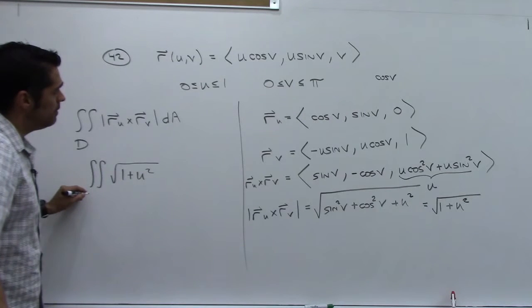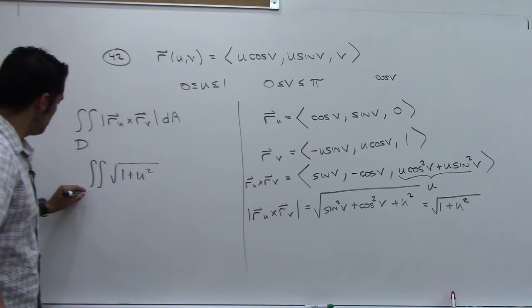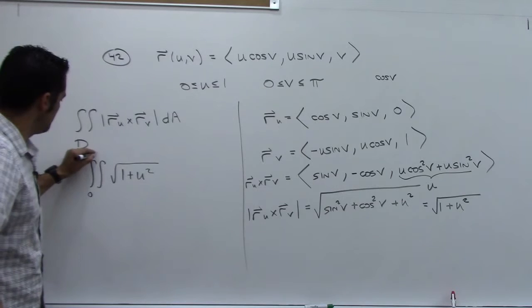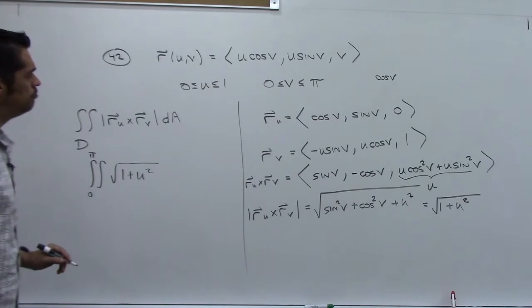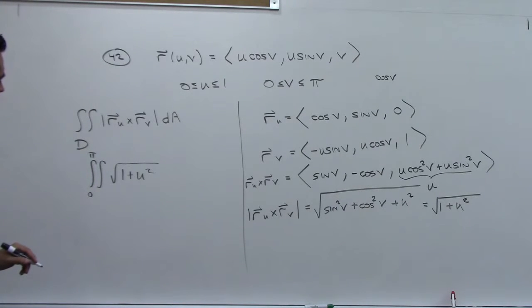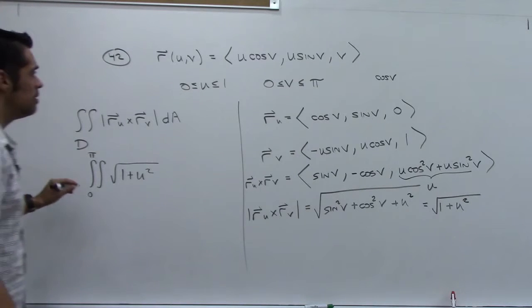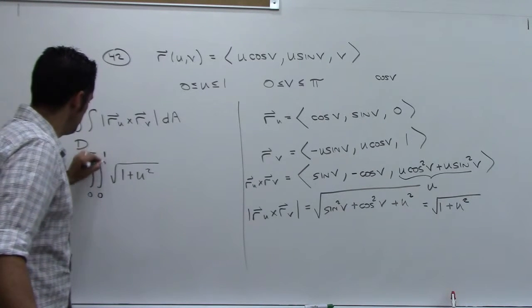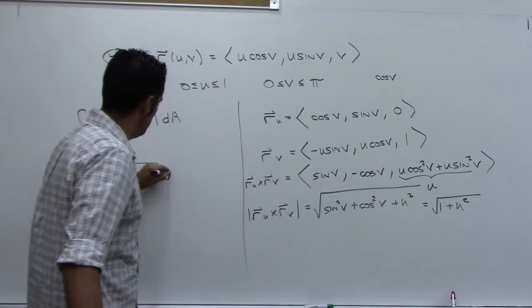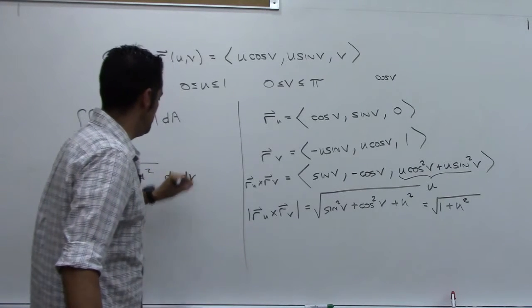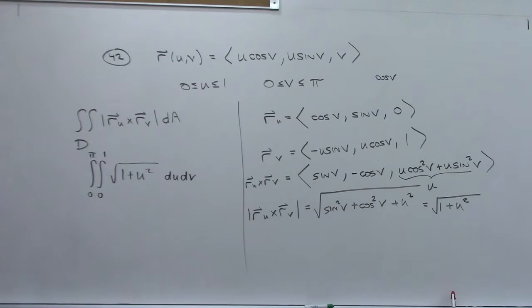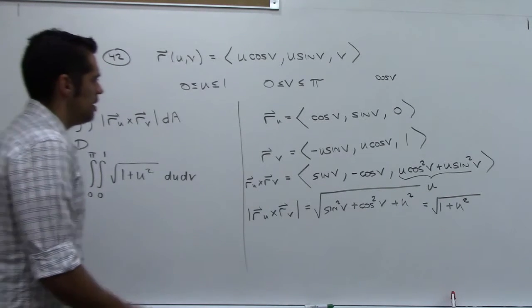So I guess I'll go 0 to pi, 0 to 1, du dv. I'm just trying to figure out if I want to do a different order of integration. Let's just stick with that.